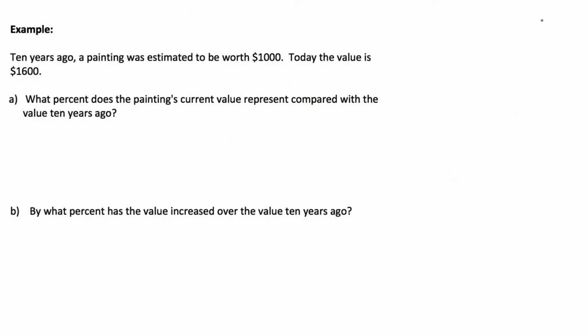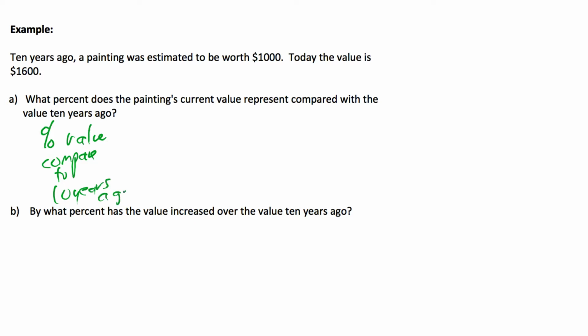Here's an example. 10 years ago, a painting was estimated to be worth $1,000. Today, the value is $1,600. What percent does the painting's current value represent compared with the value 10 years ago? So we want to get the percentage value compared with 10 years ago.